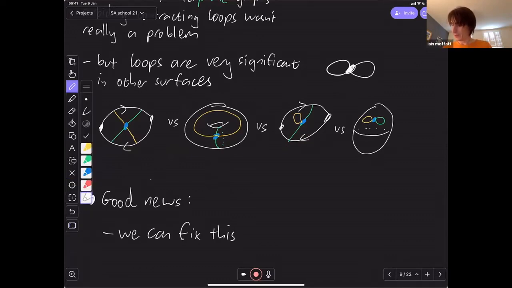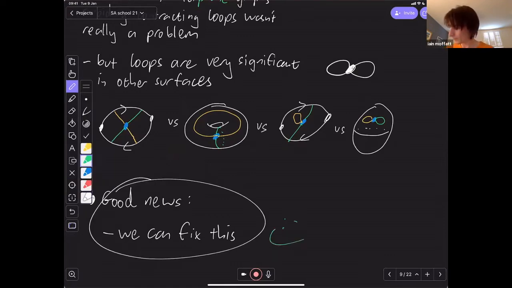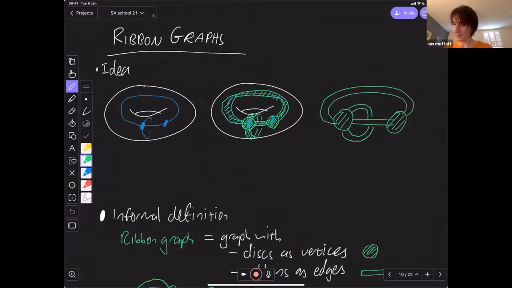But the good news is that we can fix all this. And to fix it, we just change language to ribbon graphs. Ribbon graphs have a natural idea. We take a graph embedded in the surface, like so, and what I'm going to do is just thicken it up by taking a regular neighborhood.